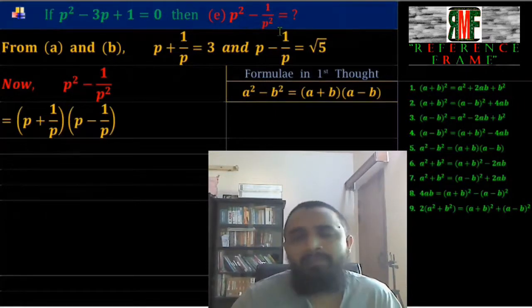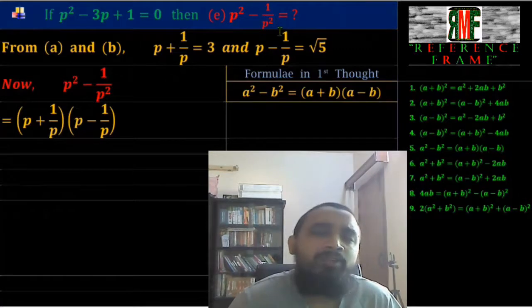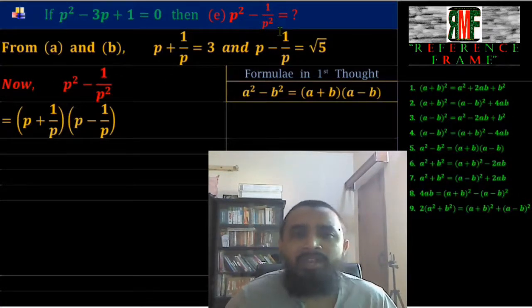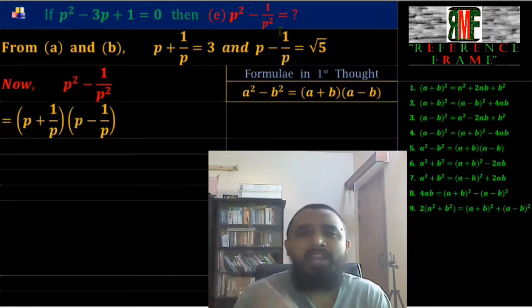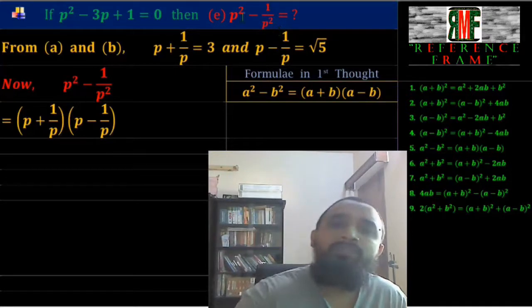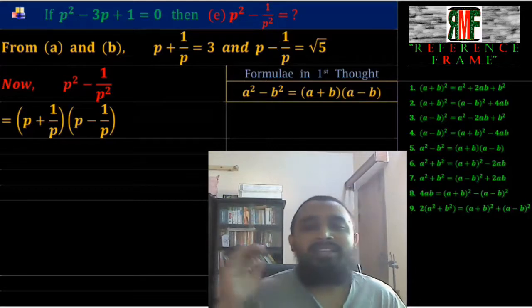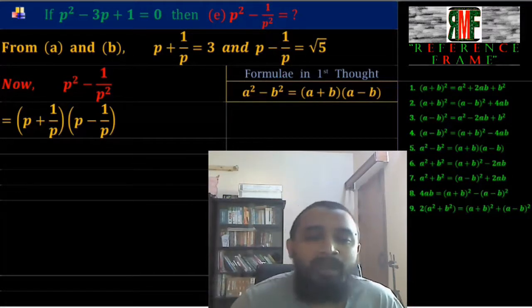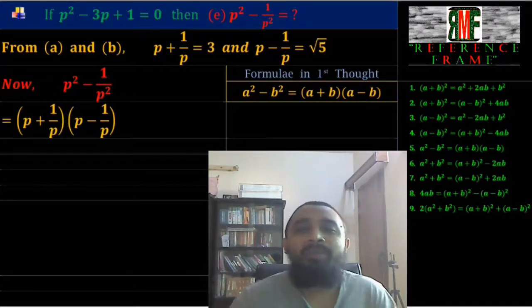We know the value of p plus 1 over p, and we know the value of p minus 1 over p from A and B respectively. From A, p plus 1 over p equals 3, and from B, p minus 1 over p equals root over 5. Since we're asked to find p square minus 1 over p square, the formula we can apply is a square minus b square, which equals a plus b into a minus b. So we write p plus 1 over p into p minus 1 over p.